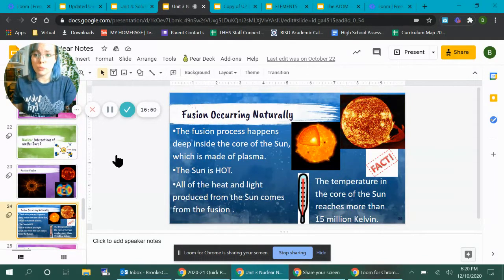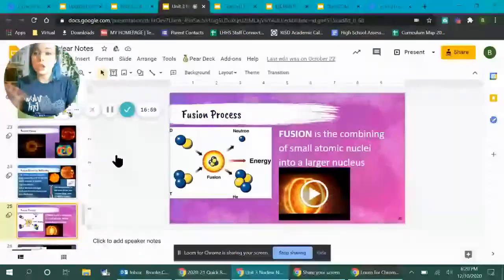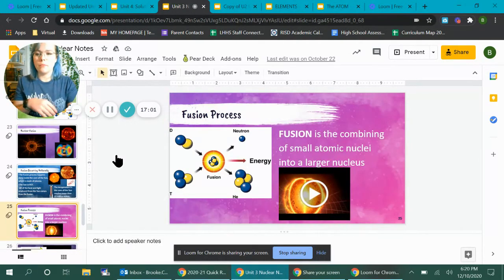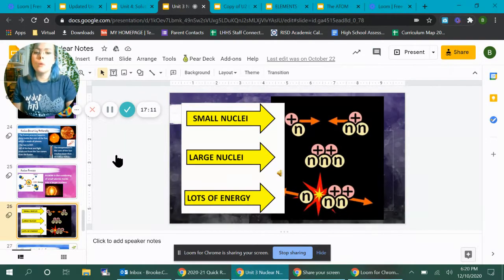That is fusion. We're causing two atoms to fuse together. It requires a really high temperature. The atoms have to be moving very quickly. It happens naturally in the core of the sun because of the temperature and how pressurized it is. It makes so much energy, more than fission.